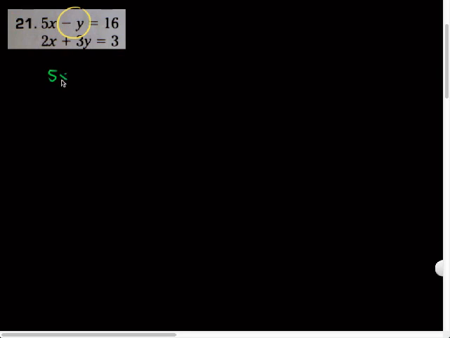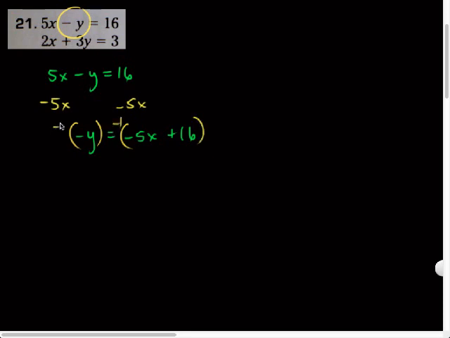So 5x minus y equals 16. We'd subtract the old 5x from both sides because I'm trying to isolate the y. So the opposite of y is equal to negative 5x plus 16, which, by the way, you might hear me call that negative y sometimes, but technically it's the opposite of y. And then I could just multiply both sides by negative 1 in order to make it positive, or divide both sides by negative 1, something like that.